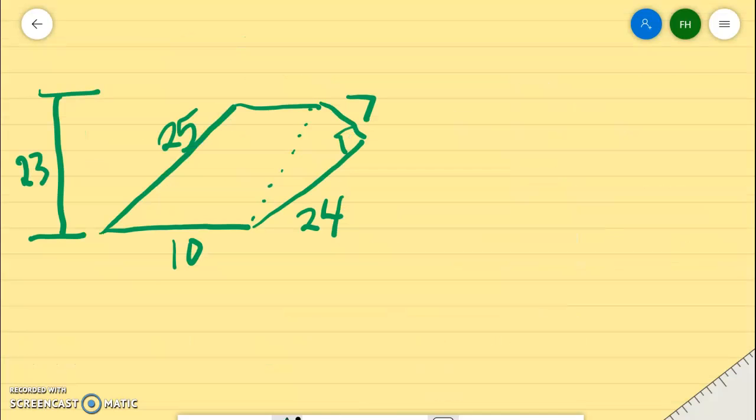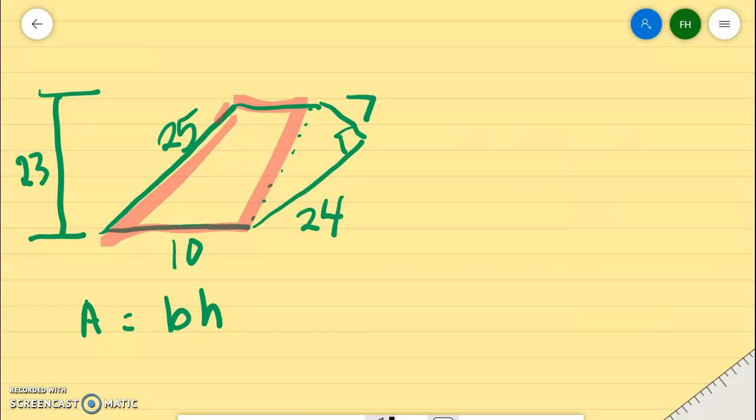Okay, for this one, first we're going to find the area of, I guess that would be a parallelogram. We have a triangle too. Let's do the area of the parallelogram, or whatever that is, a little rectangle looking thing.